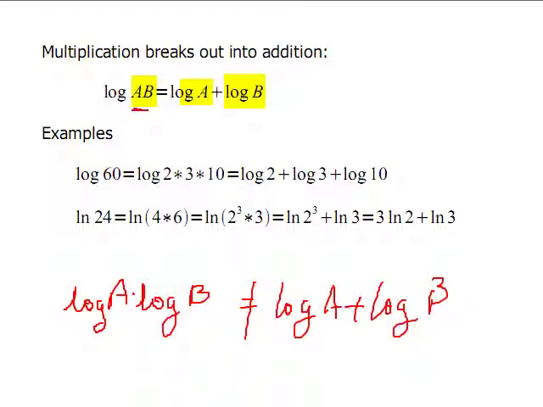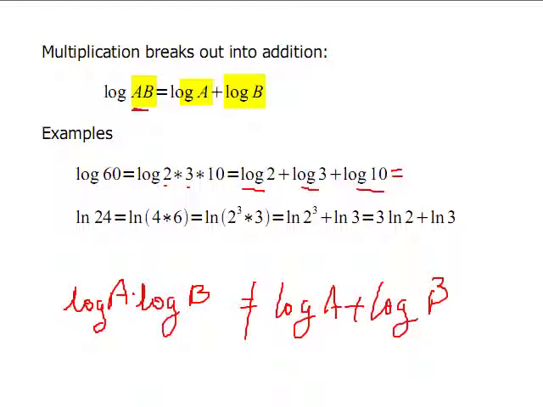Here's a log of 60. I could write 60 as 2 times 3 times 10. So I can break this out into the log of 2 plus the log of 3 plus the log of 10. A lot of this kind of work was done in the past when we didn't have calculators. Now you just hit log 60 on your calculator and there you go. Also in the past we knew some logarithms in our minds, just by heart.